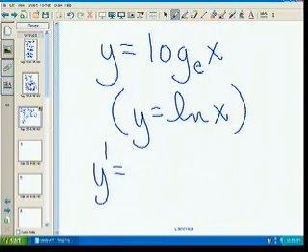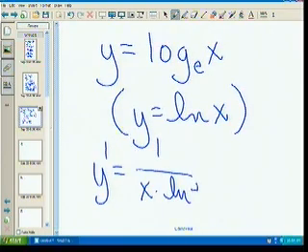So y prime, if it is a logarithm, it ought to go like 1 over x natural log of e. It goes away. That's 1, right? Natural log of e is the power you would raise e to get e.